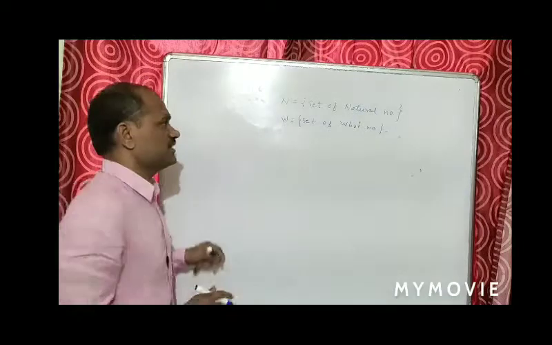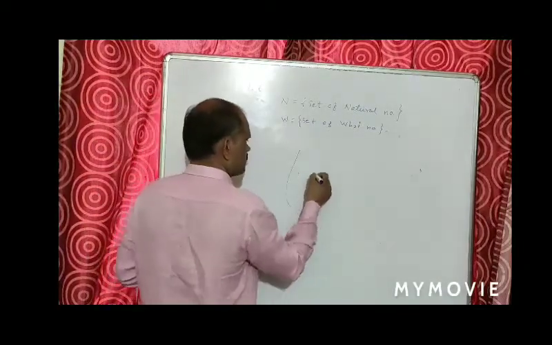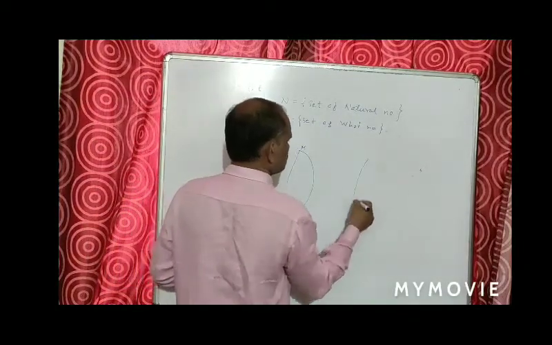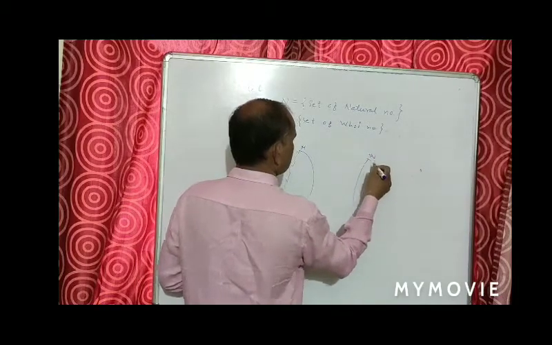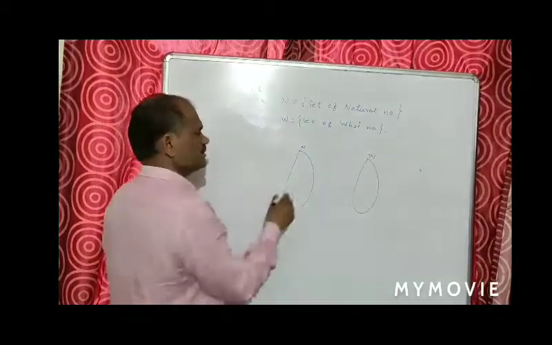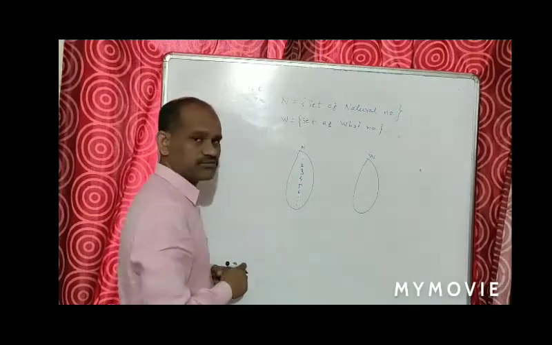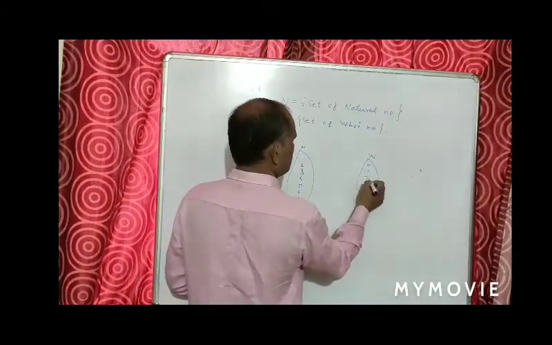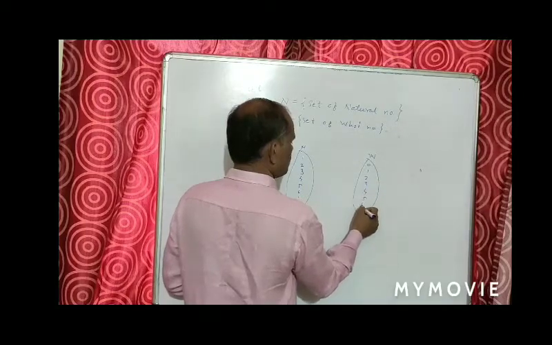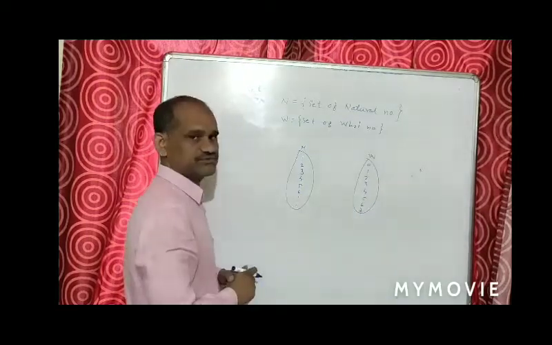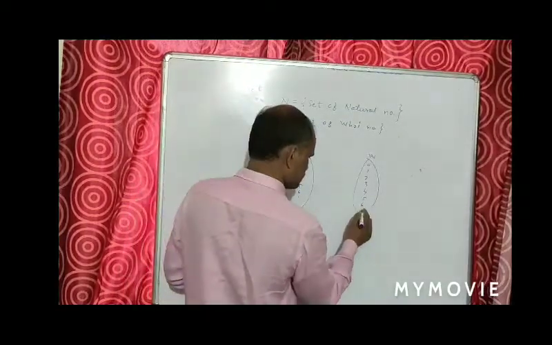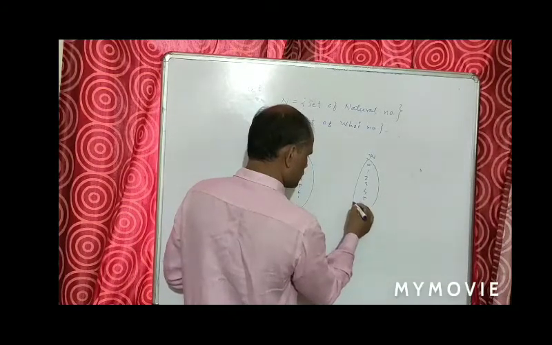Both sets are infinite. So this is the set of natural numbers. This is the set of whole numbers. No problem. We can choose the sets as 1, 2, 3, 4, 5, 6 like this, and 0, 1, 2, 3, 4, 5, 6, 7 like this. It continues in this way.